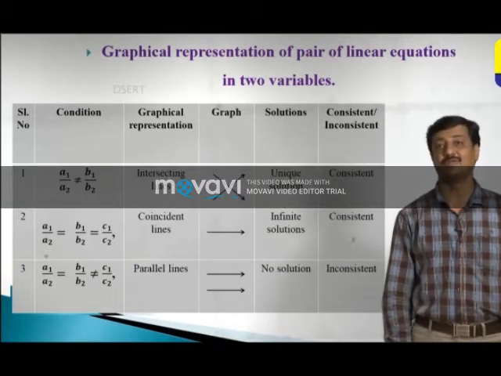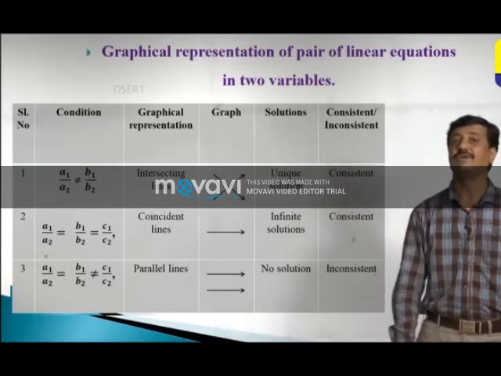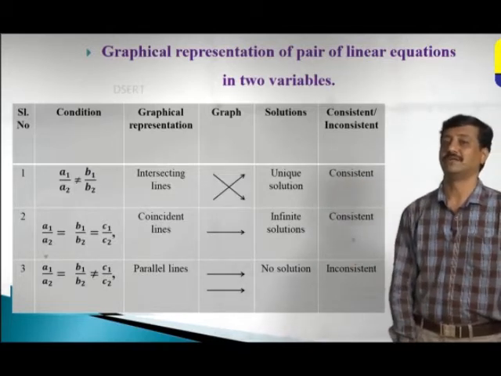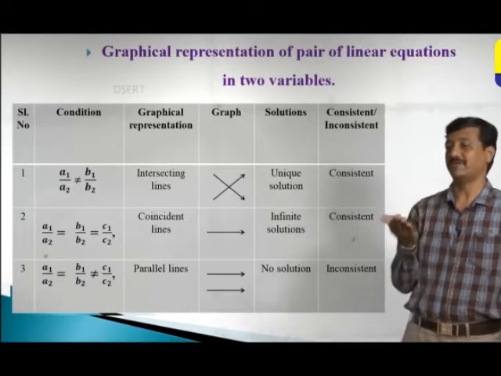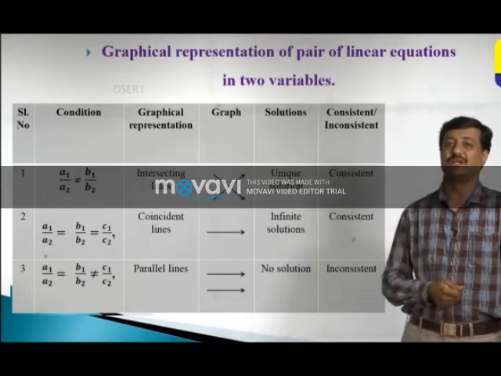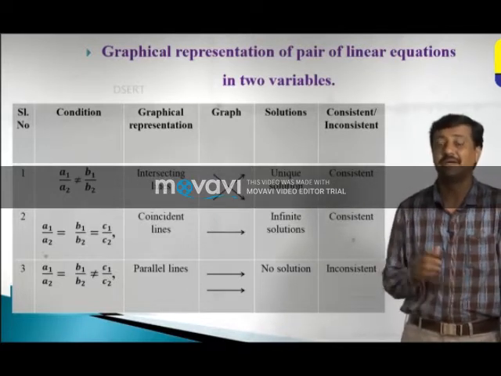In the first point, if the value of a1 by a2 is not equal to b1 by b2, I mean, if you compare the ratios a1 by a2 with b1 by b2 and the two ratios are not equal, then the graph of the given pair has intersecting lines.